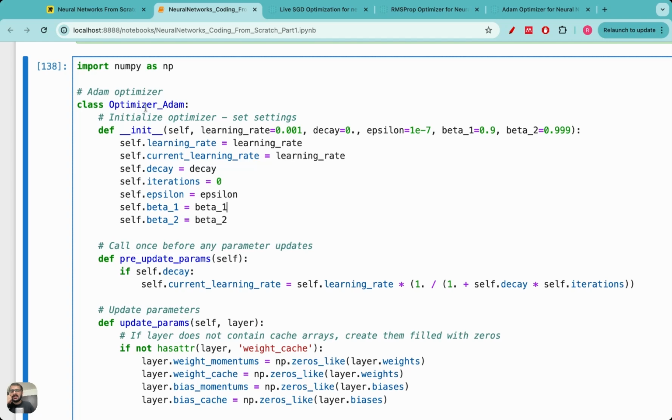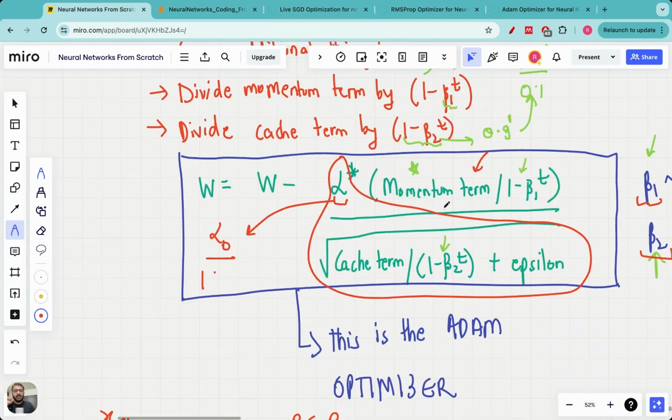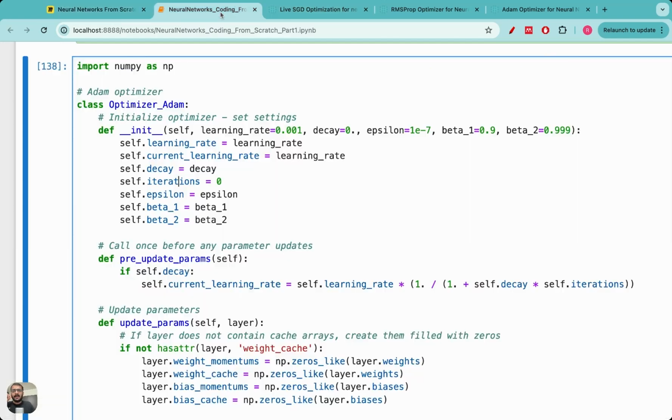When we create an instance of the optimizer class, it will by default call this init method. Now we are keeping track of many things in this init method. If you have understood this formula, you will really understand what all different parameters I have. First, let me start from these parameters: beta 1, beta 2, and epsilon. Beta 1 is by default set to 0.9, and remember, beta 1 is the momentum rate, how much importance is given to the past gradients.